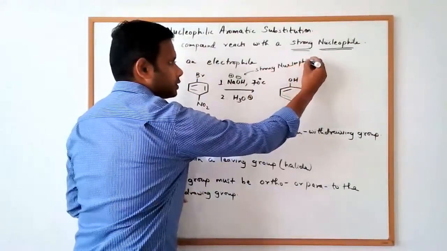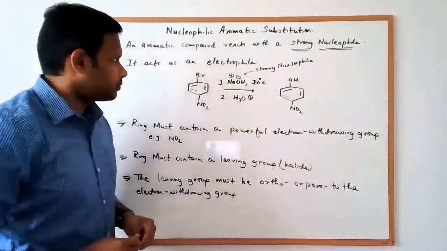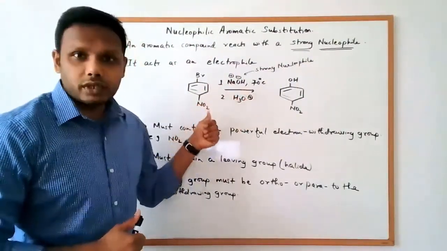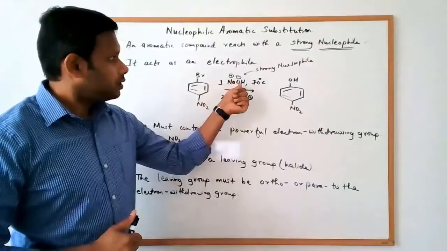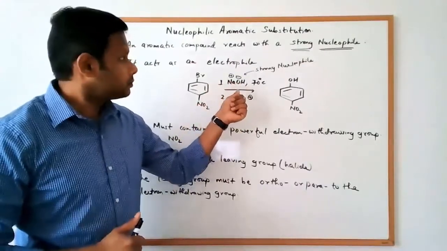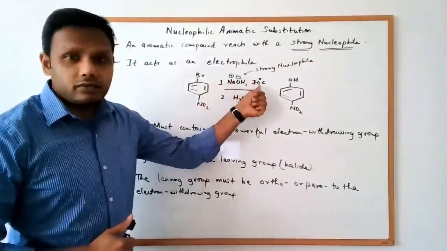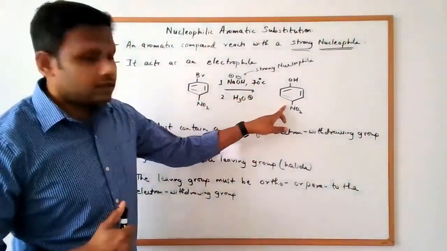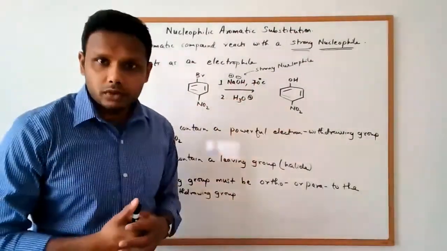So when we react this para-bromonitrobenzene with sodium hydroxide with some heat followed by an acidic workup, we get this para-nitrophenol compound.